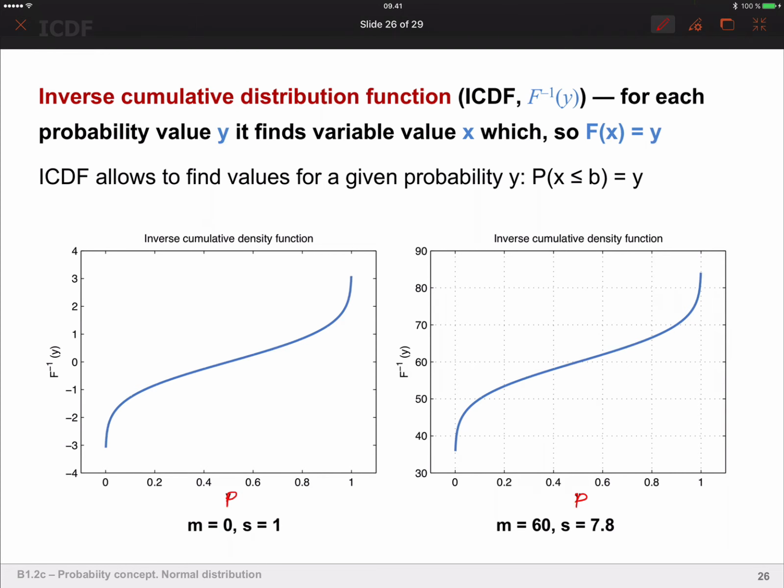Let's say you want to find the 20th percentile. For the 20th percentile, the probability is 0.2, and this is the value. Let's say it's 54, sorry. It means that 20% of the values are equal to or below 54. So that's how we use ICDF.